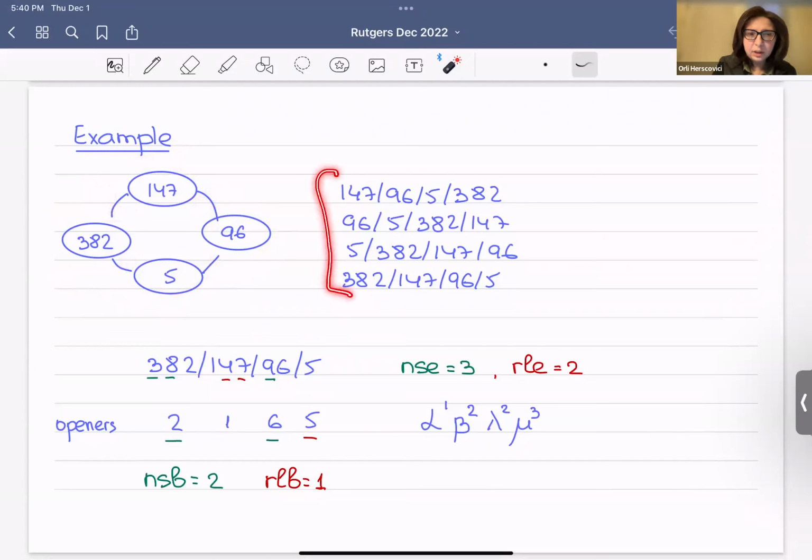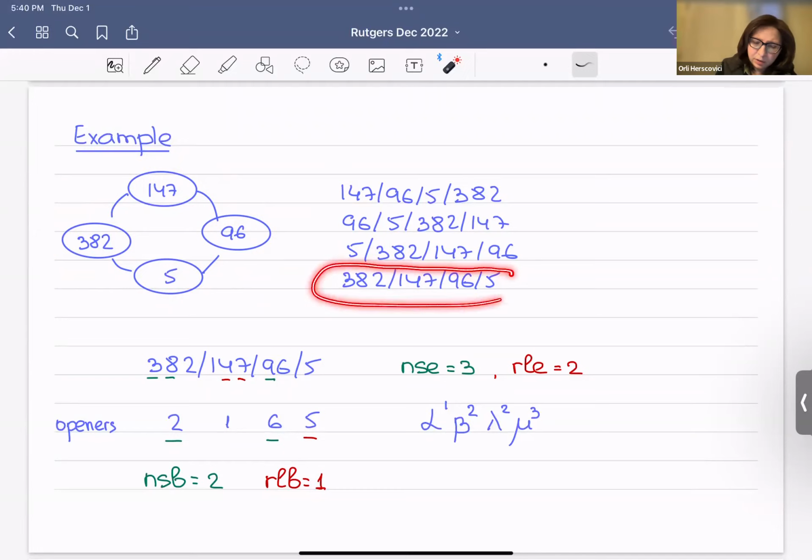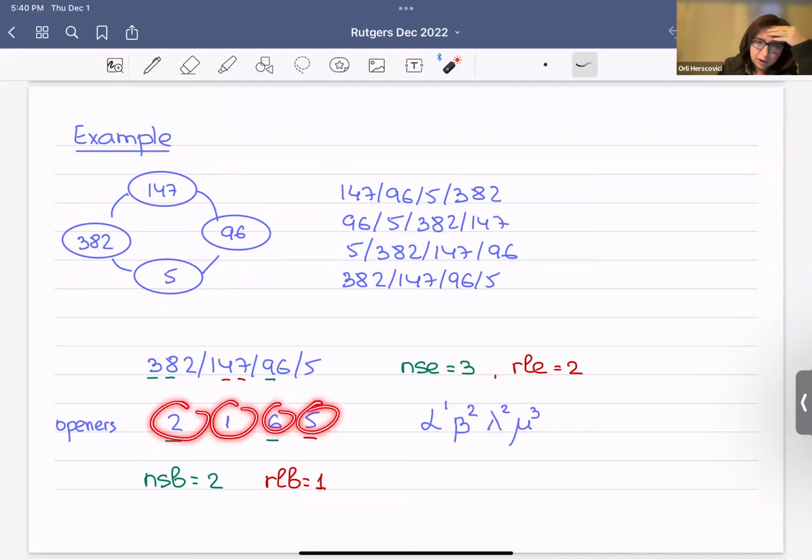It can be written linearly in one of the following forms. Let's consider, for example, the last one. This is our partition, and our openers again are 2, 1, 6, and 5. For the statistic NSB, we need to move it to the right, so our statistic NSB equals 2. And again, for the statistic RLB, this is the minimal element from right to left.